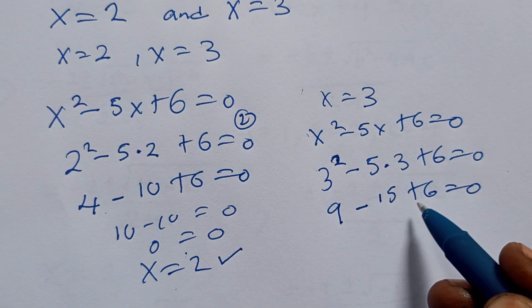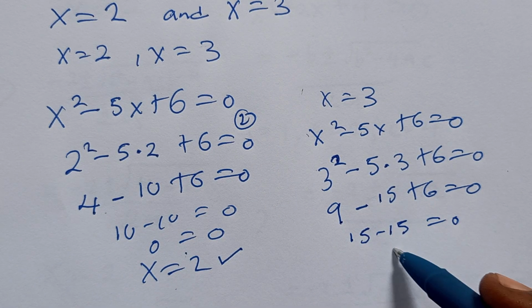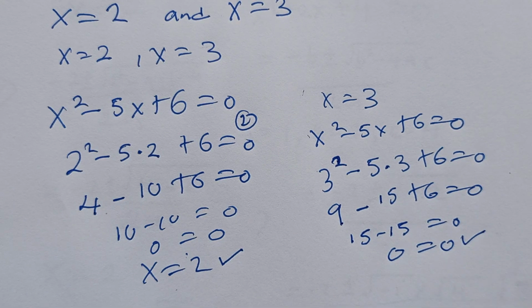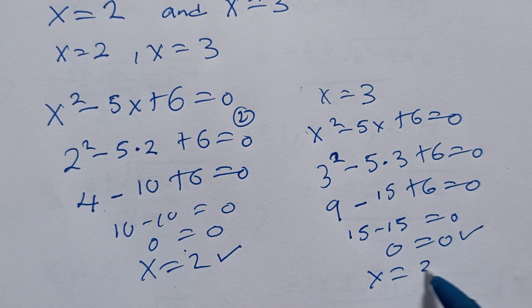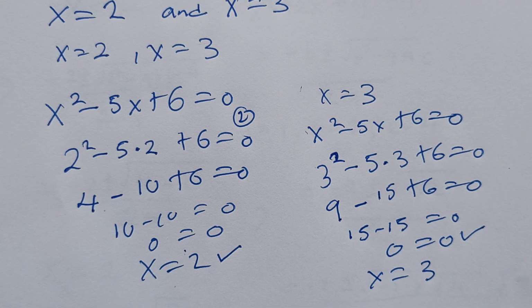So you know that 9 plus 6 is 15, and minus 15, 0 equals 0, which implies x equals 3 satisfies our equation. So that means both x as 2 and x as 3 are correct.